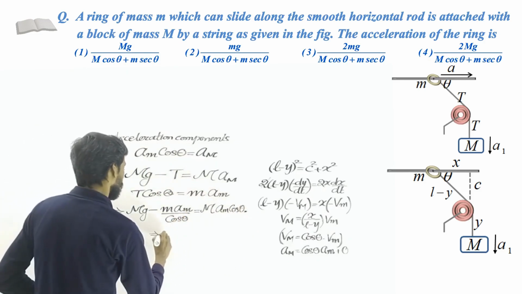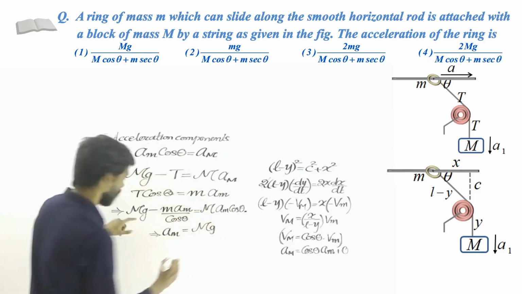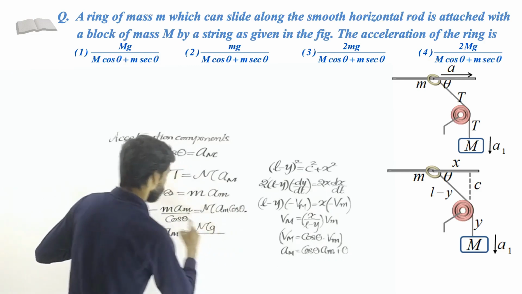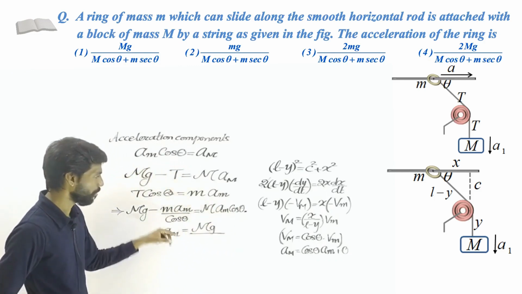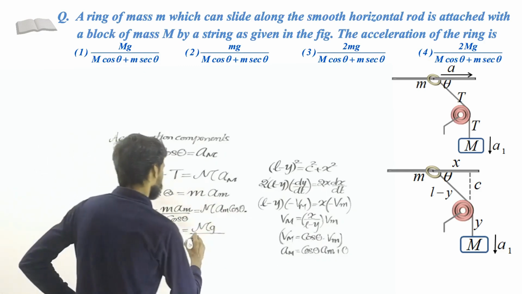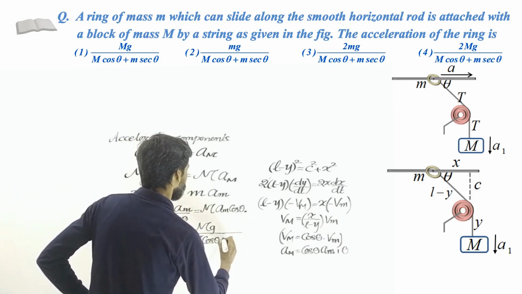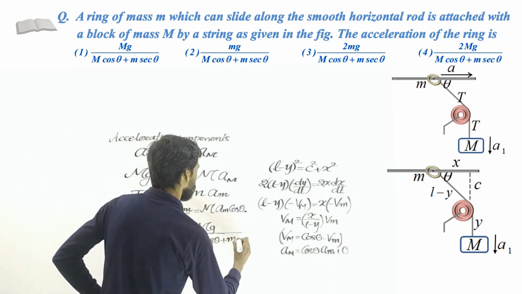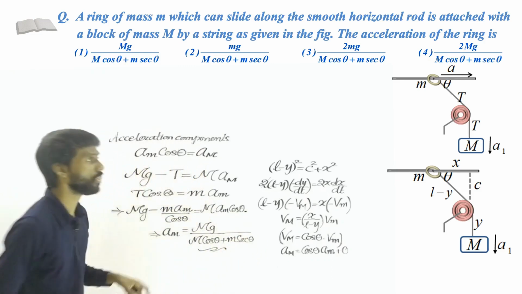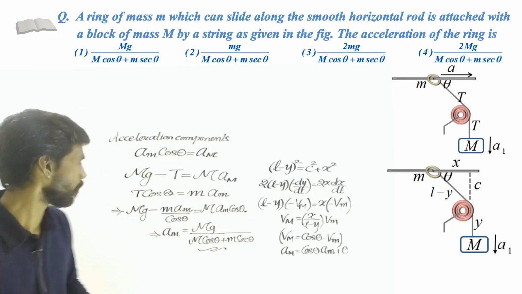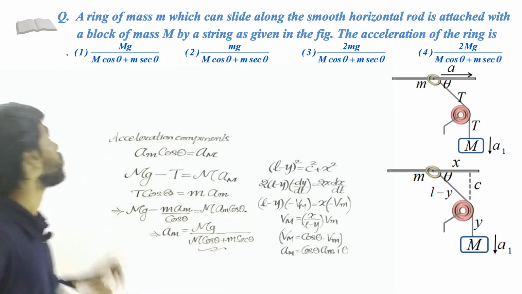It equals Mg divided by, taking it to the other side, capital M cos theta plus small m times 1 by cos theta, that is secant theta. So this is the acceleration of the ring: Mg divided by M cos theta plus small m secant theta. So that's it.